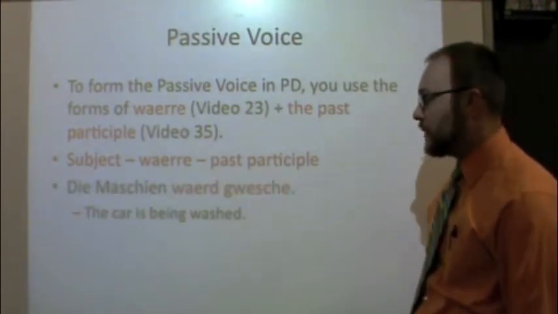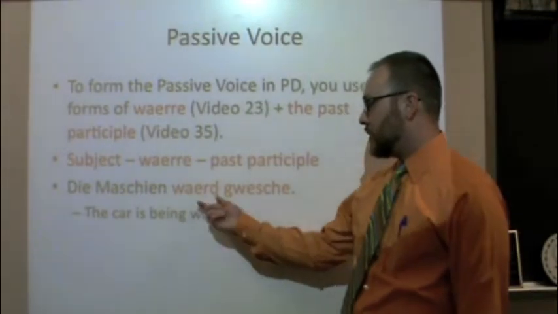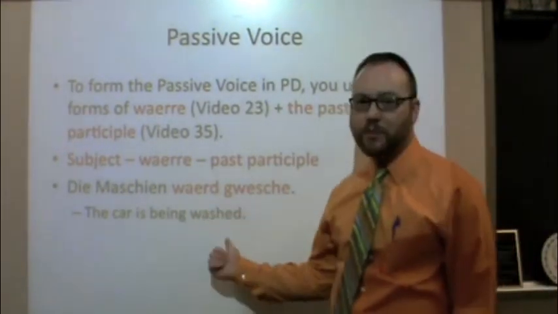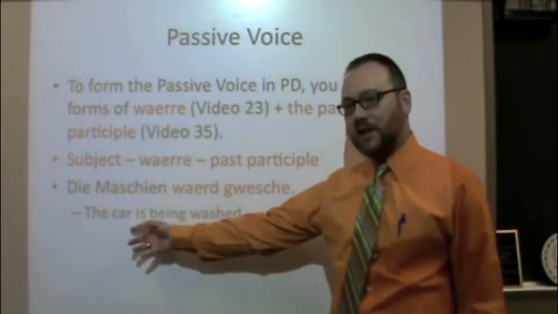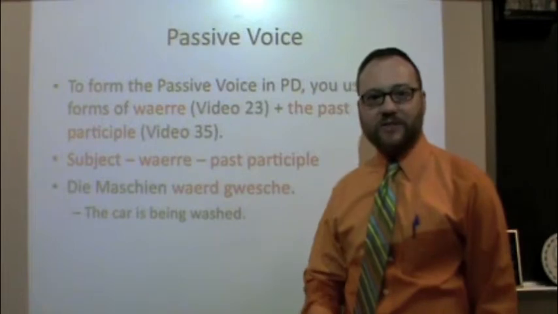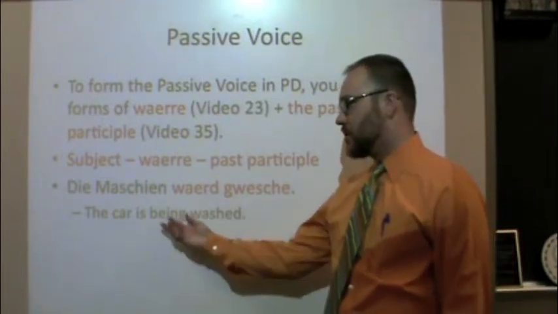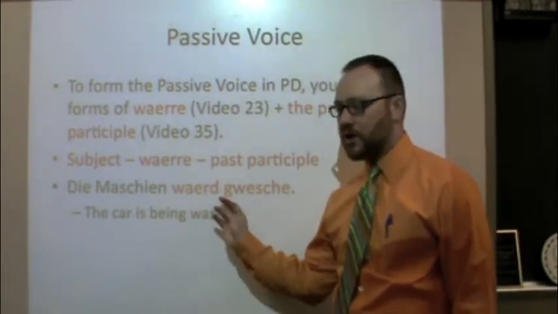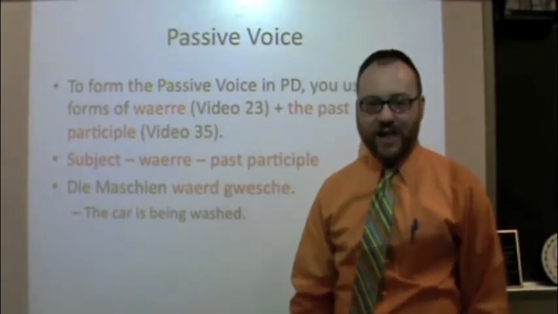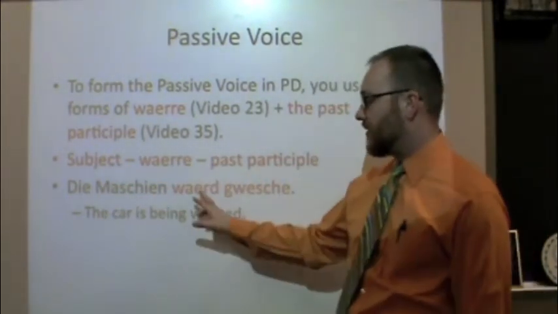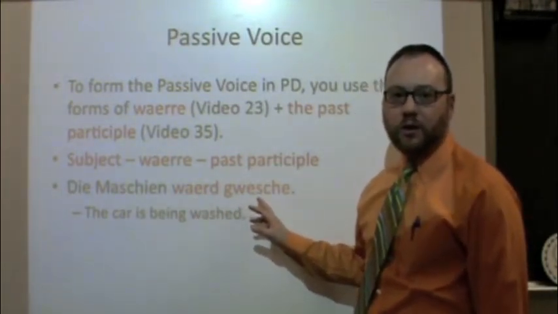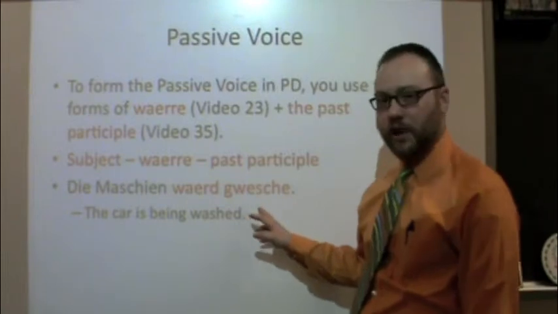An example: die Maschine wird gewaschen. Die Maschine wird gewaschen, the car is being washed. Again, the subject, the car, is not doing the washing. That would be an active sentence. It's a passive sentence, so the action of being washed is happening to the subject. That's what makes it passive. We have our form of wäre and the past participle of wasche, to wash, gewäsche.